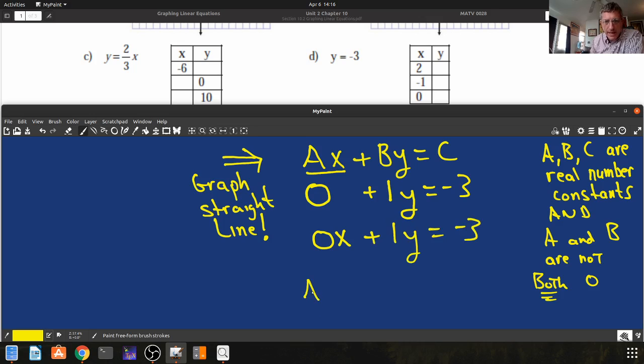So my a is equal to 0, my b is equal to 1, and my c value is equal to minus 3. So what we know, and you just got to believe me, is that this equation, y is equal to minus 3, is a linear equation. And when we graph it, it's going to be the graph of a straight line.